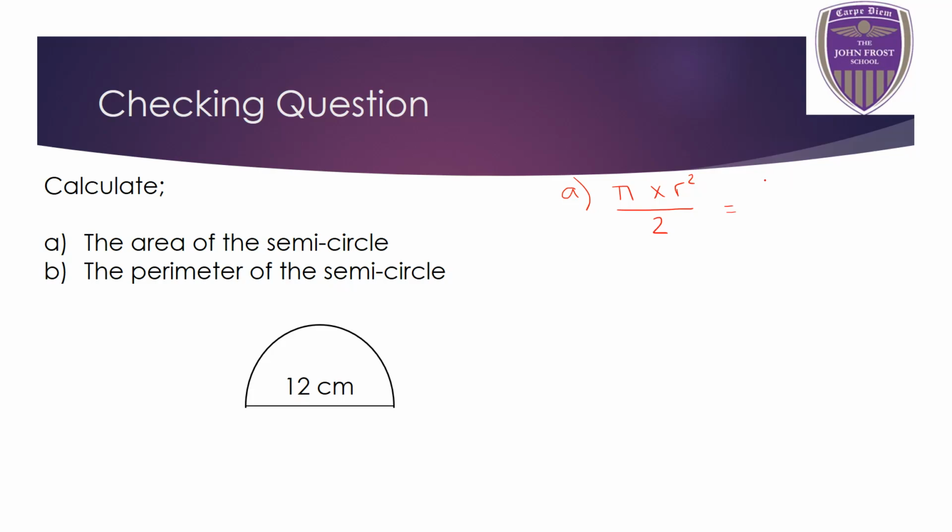So if we put in the values that we know, 3.14 for pi. The distance from one side of the circle to the other, from here to here, is 12, so the diameter is 12, which means the radius must be 6. So 3.14 times 6 squared, and then that answer you divide by 2.